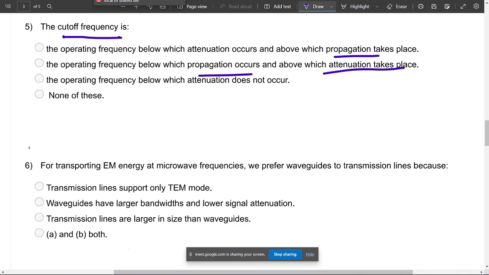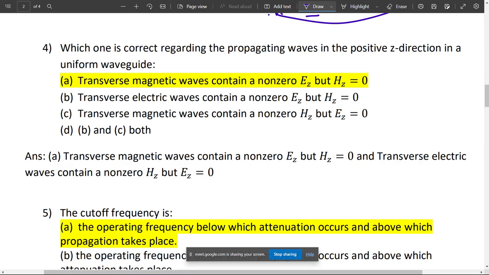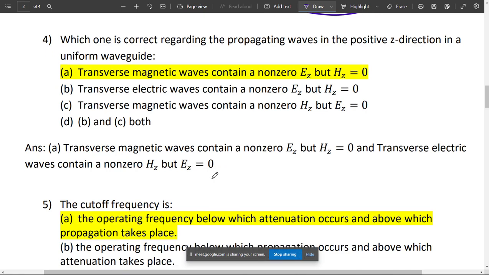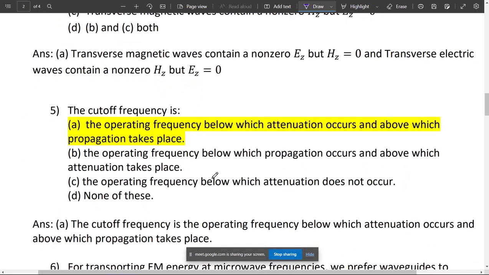Why are you saying option B will be the correct option? Madam, here they're giving cutoff frequency. Then we are fixing some maximum cutoff frequency, like up to cutoff frequency propagation will occur, and after cutoff frequency attenuation will occur. I am thinking B only. Okay, all right.